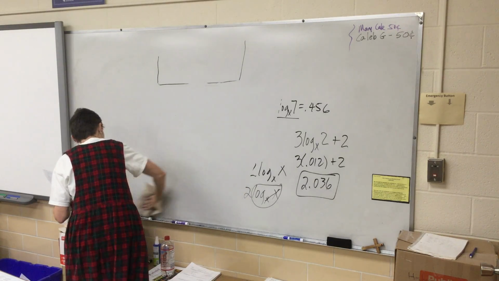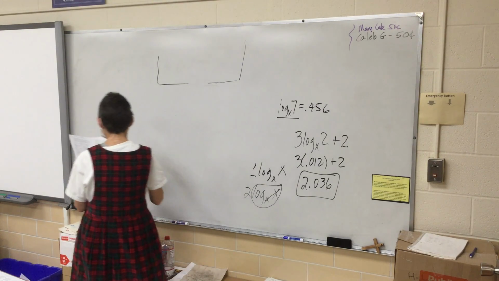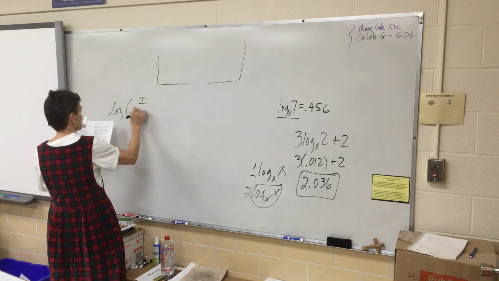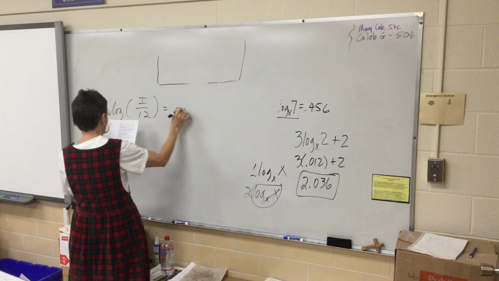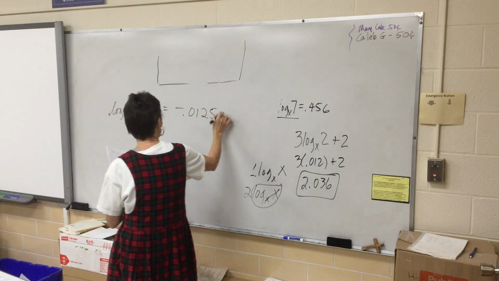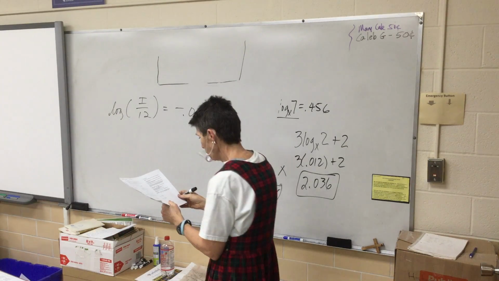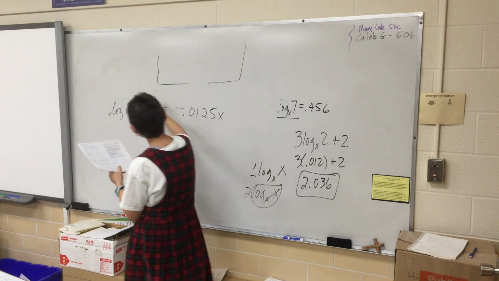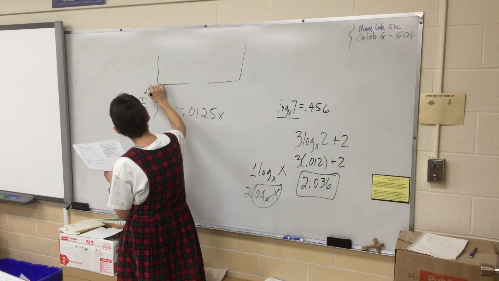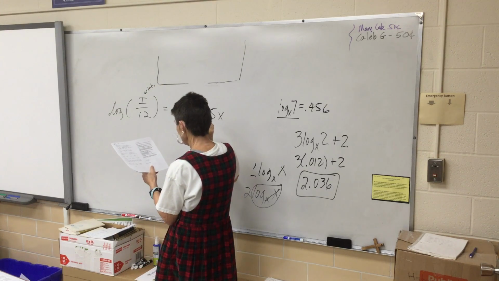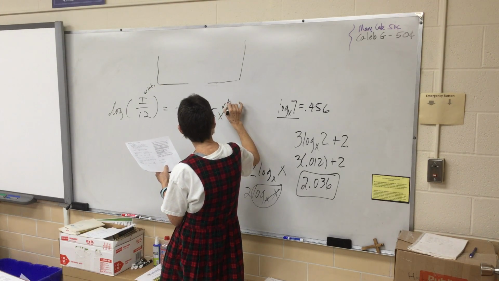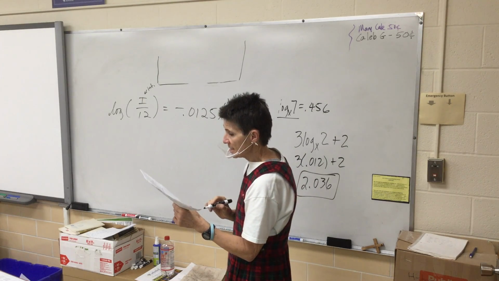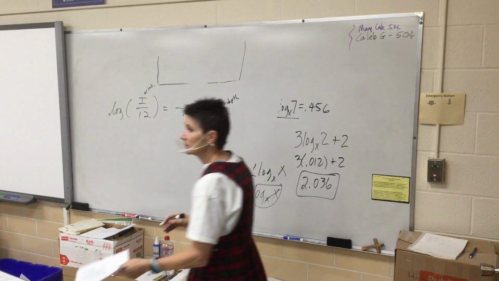And problem number 8, formula is given. And it tells you what everything is. So the intensity of light at a depth of x feet. What is the intensity at a depth of 40 feet?